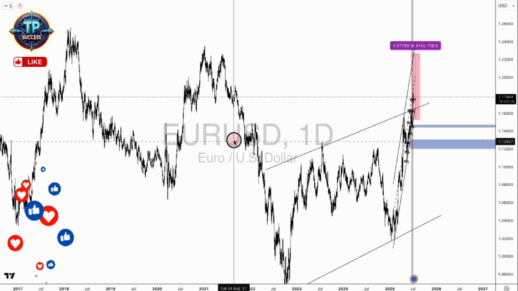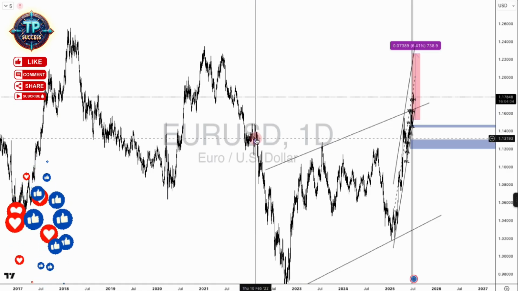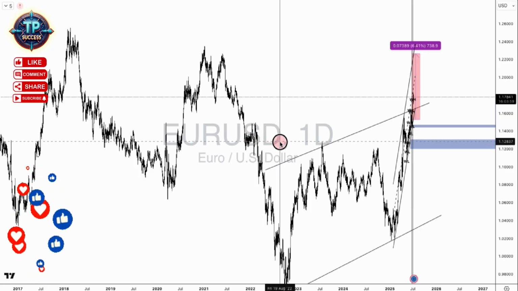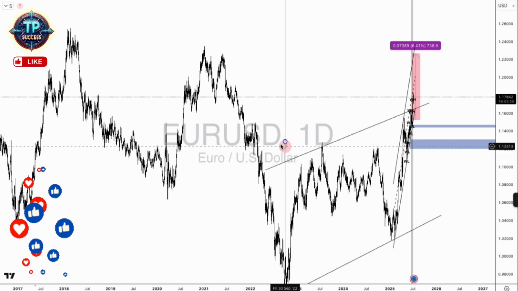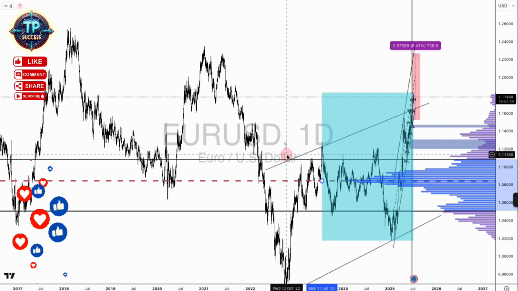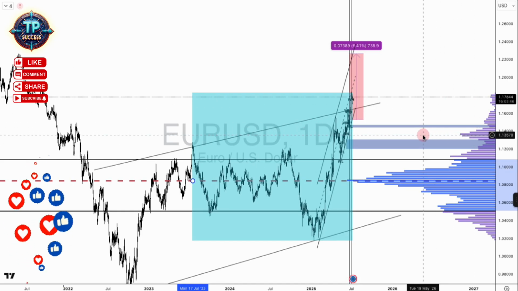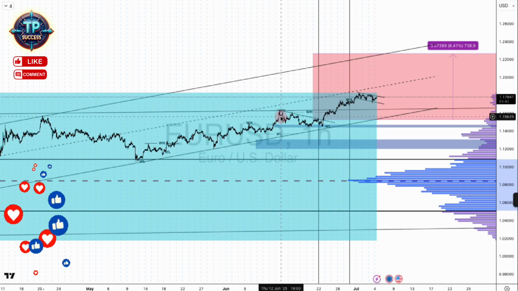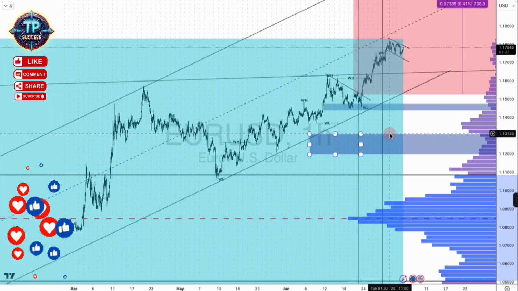Oh, it doesn't like that. Okay, so the most we can do is take it from here. All right, so from this level up here, it does get a bit interesting, but we will figure it out. Okay, so I thought I could take the volume profile further back, but unfortunately I cannot.